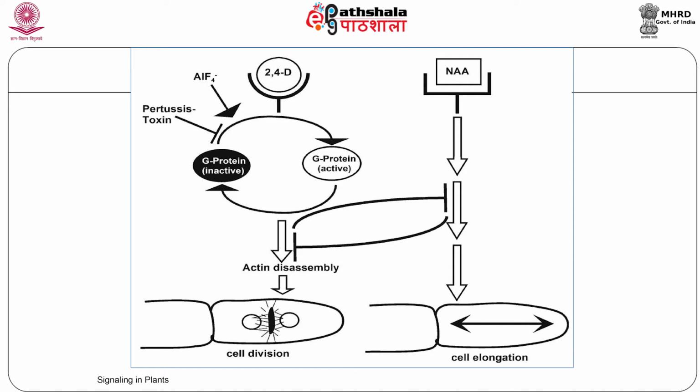This signal chain is inhibited by pertussis toxin and activated by aluminum tetrafluoride. Both pathways are mutually inhibitory.